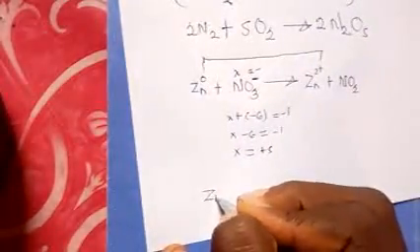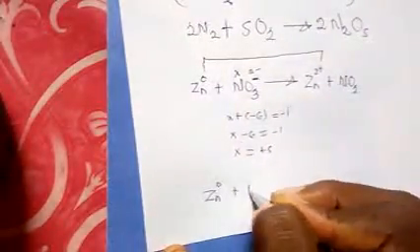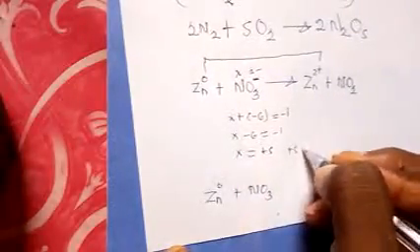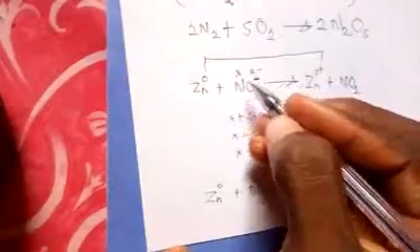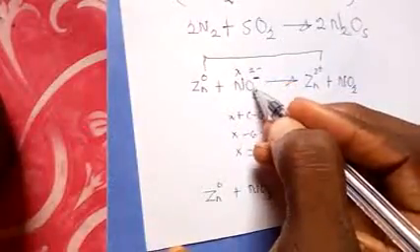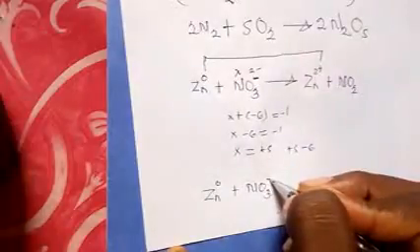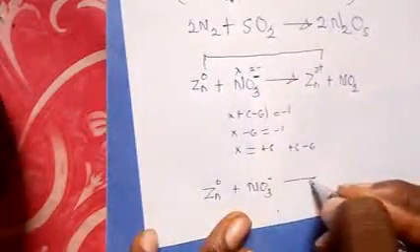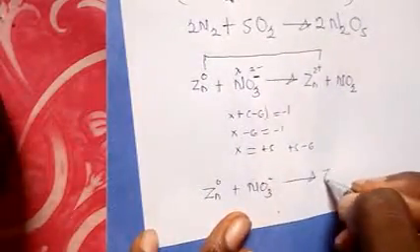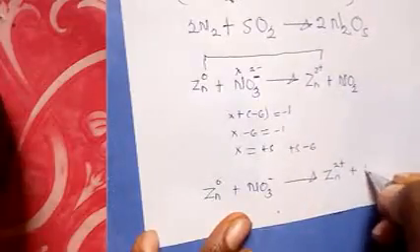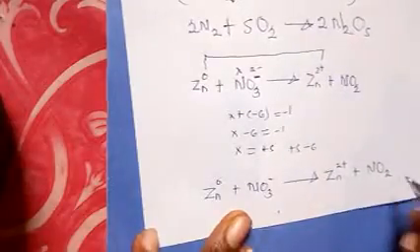Now we have Zn0 plus NO3. Now we have plus 5 minus 6. Nitrogen is 5, oxygen is minus 6. When you subtract, then you have minus 1. Across the equation, we have Zn2 plus and NO2.